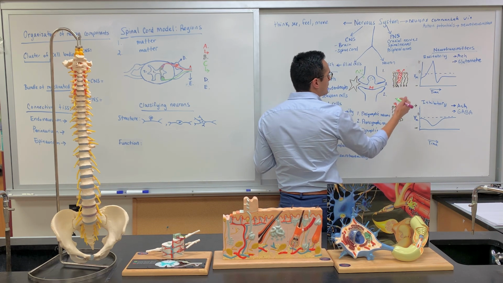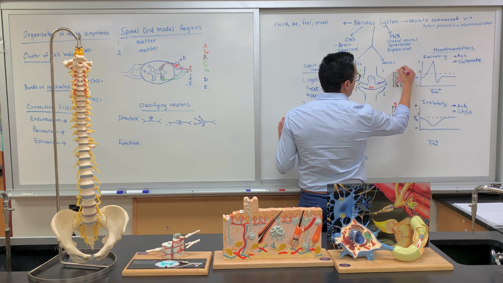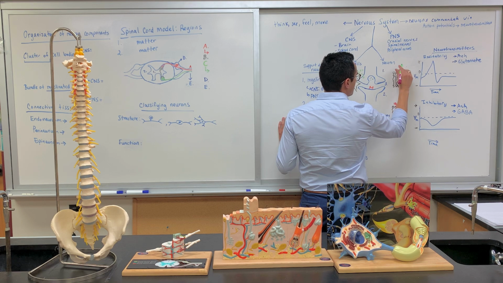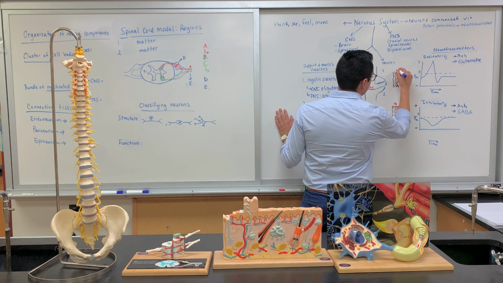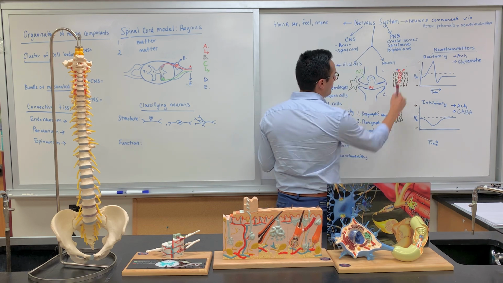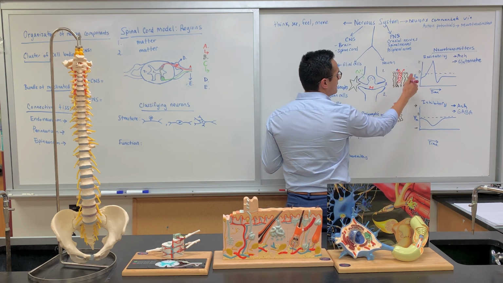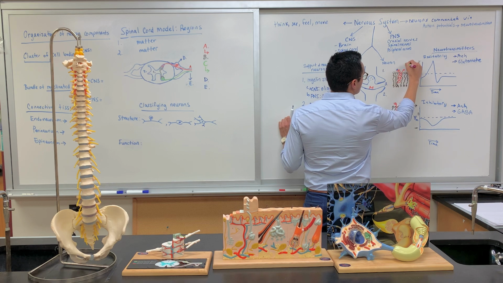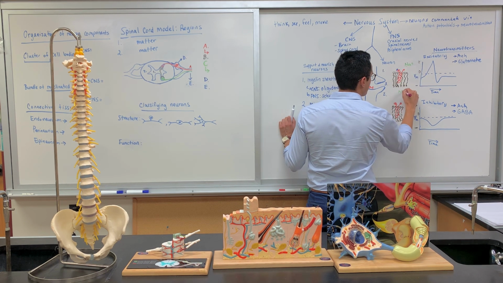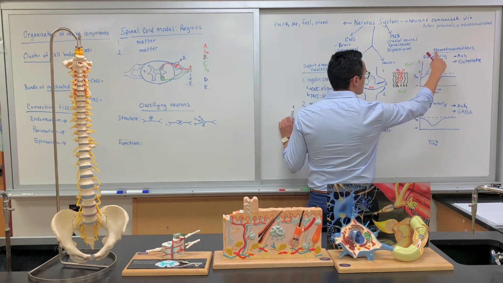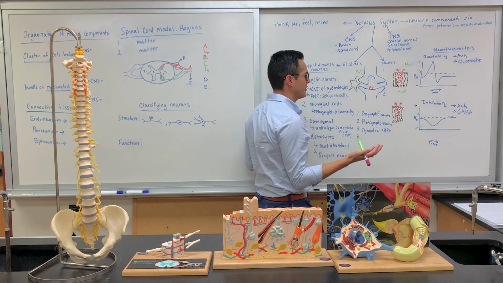So for excitatory, for instance, let's say that this was acetylcholine, right? So acetylcholine, I'm going to draw this in blue. Acetylcholine will bind here, and then once it binds to its receptor here, we get the influx of sodium, right? So the sodium will go from the outside to the inside of the cell. Membrane potential becomes more positive. So we're already familiar with that.